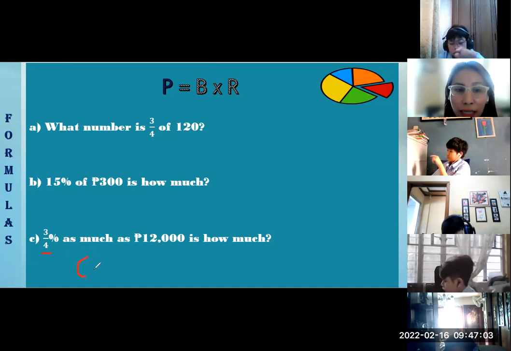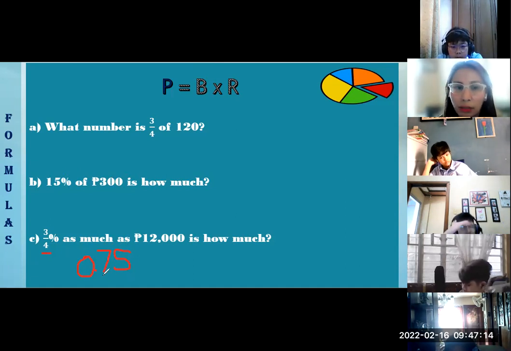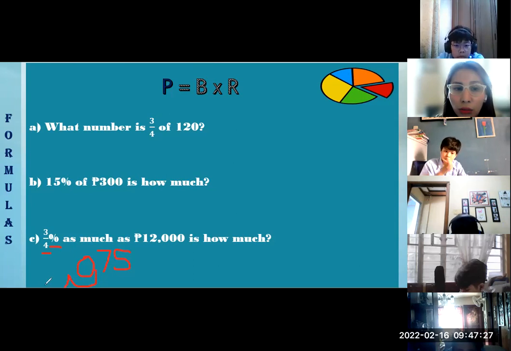3/4 is the same as 0.75. And then, idagdag natin yung percent. So, mag-move tayo ng 2 places from the decimal point going left. 1, 2. Now, nandito na po yung ating bagong decimal point.